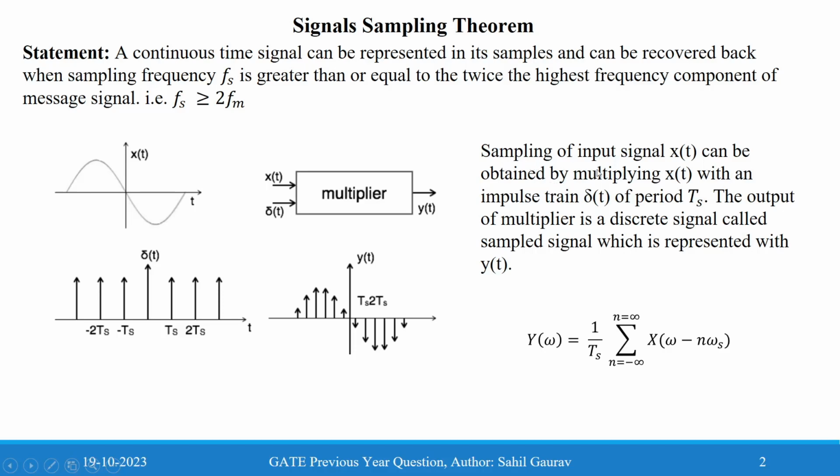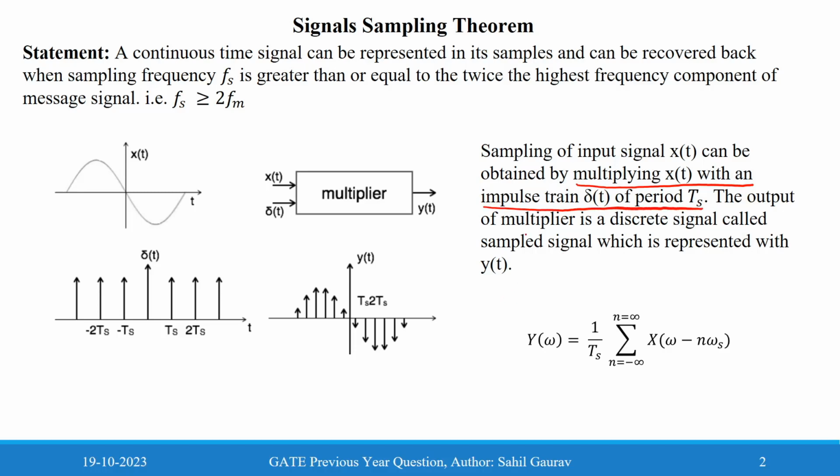Here the sampling of the input signal x(t) is obtained by multiplying x(t) with an impulse train δ(t) of period Ts. This is very important for getting the output of the sampler.